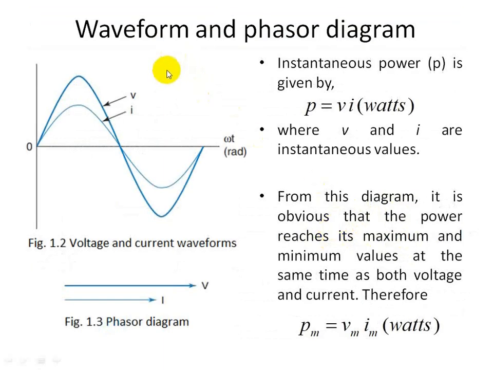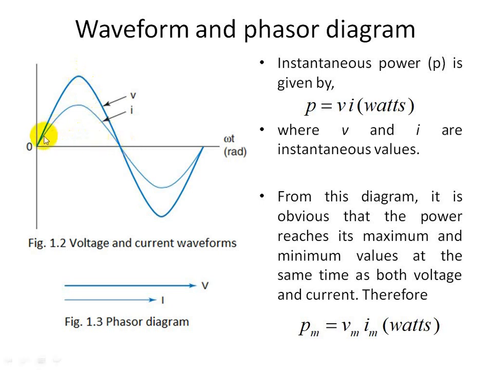Now we'll see the waveforms. The current and voltage waveforms are shown in this figure. Here we find that both current and voltage are in phase, meaning the voltage positive cycle starts from this instant, reaches maximum at this point, 90 degree, and is completed at this point, and the negative cycle continues.